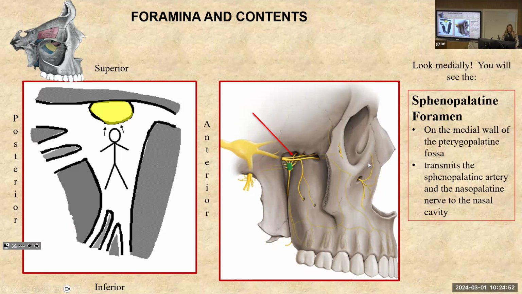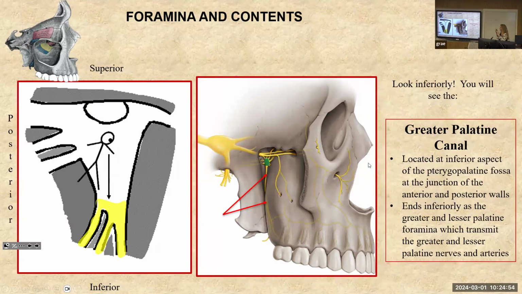Okay. Now, if I'm in the fossa and I look down, I have access to the oral cavity. I have some foramen that give me access to the oral cavity because we have these palatine canals, greater and usually lesser ones, that actually allow nerves and vessels to course inferiorly and go to the palate and in result have access to the oral cavity.